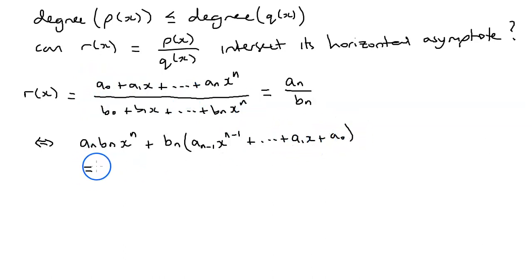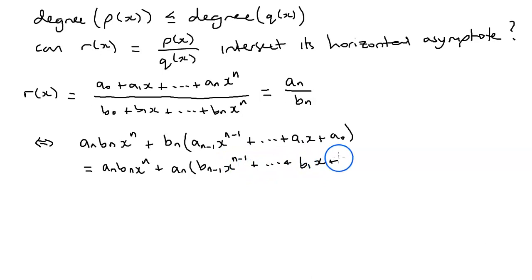And this is going to be equal to, on the other side, an times bn x to the power of n again. And then this time all the other terms are going to be multiplied by an. So that would be an times bn minus 1 x to the n minus 1 all the way down to b1x plus b0.